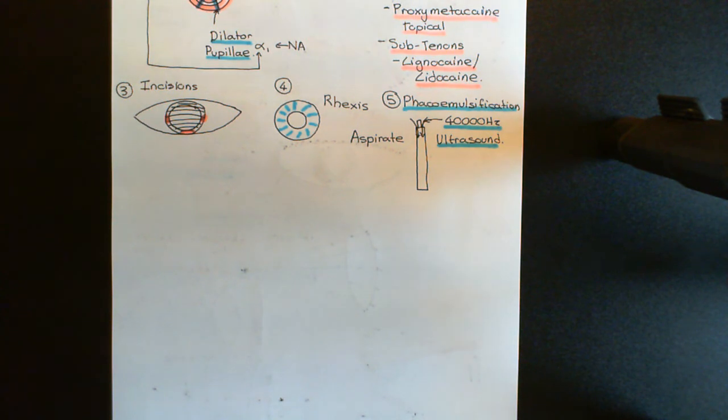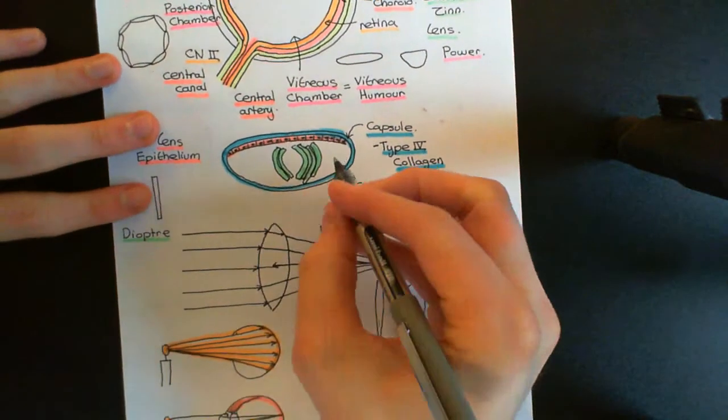You don't just go in there and feel around until you've got every little bit, and the reason that it has to be done in an ordered way is that you want to make sure that you do not damage the capsule. This is a very powerful device. It will mash up anything that it comes into contact with, and you do not want to mash up the capsule, because think what would happen if we mashed up the posterior capsule.